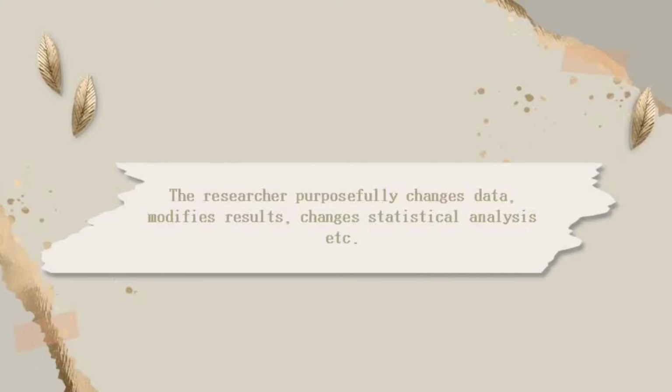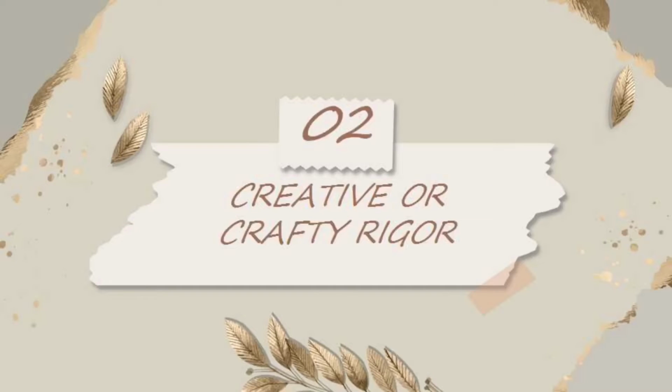However, in some forms of research, deception may be required to ensure that results are not biased. According to the APA Ethics Code, deception is morally allowed only if there is no other solution to address your research questions. Next is creative or crafty rigor.